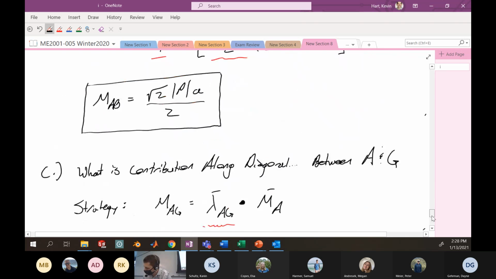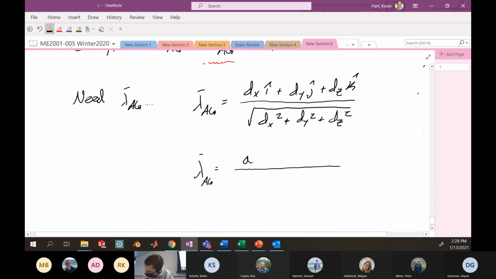So I'm going to end up with something like AI hat minus AJ hat minus AK hat, normalized by the sum of the squares of the distances. This is A squared plus A squared plus A squared.